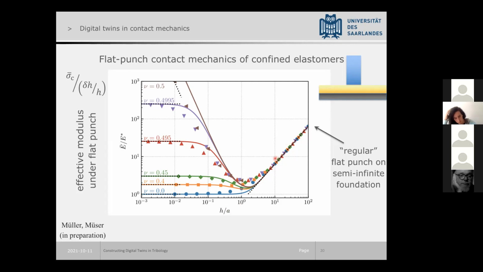So it decreases, and then at very high confinement, so high confinement means small elastomer heights, you get a minimum if your elastomer is close to ideally incompressible. So when you have an ideally incompressible solid, you actually get a power law that scales with the inverse power of h.